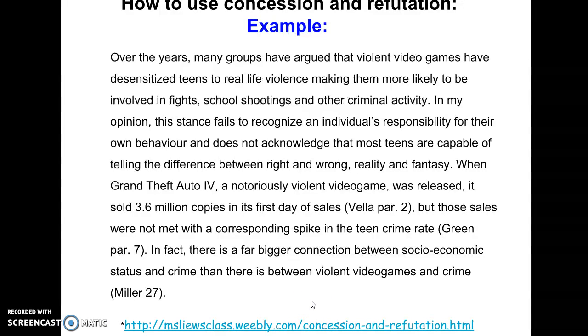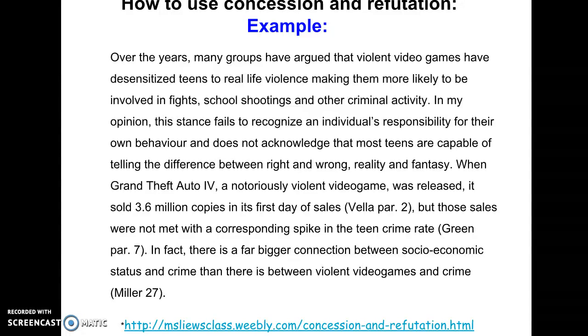So here's the example. Over the years, many groups have argued that violent video games have desensitized teens to real-life violence, making them very likely to be involved in fights, school shootings, and other criminal activities. In my opinion, this stance fails to recognize an individual's responsibility for their own behavior and does not acknowledge that most teens are capable of telling the difference between right and wrong, reality and fantasy.